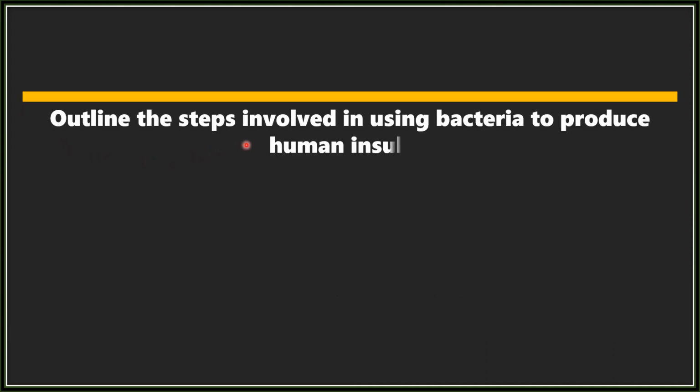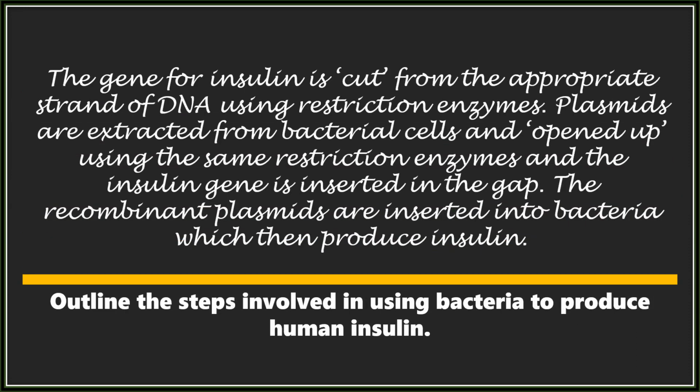Outline the steps involved in using bacteria to produce human insulin. The gene for insulin is cut from the appropriate strand of DNA using a restriction enzyme.